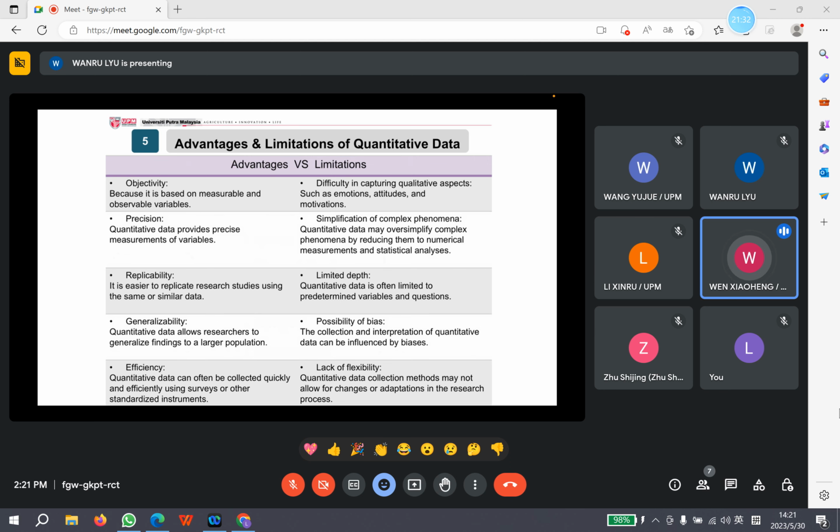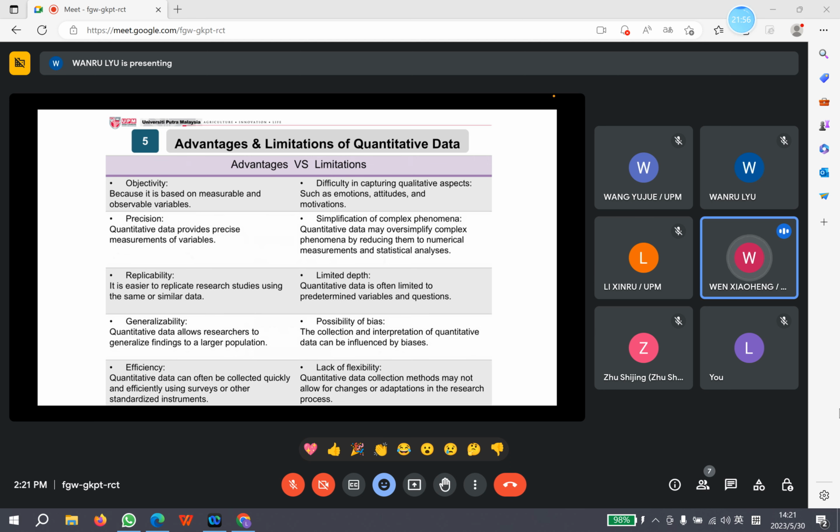And it also has some limitations, such as difficulty in capturing qualitative aspects such as emotions, attitudes, and motivations. The second limitation is the simplification of complex phenomena. And the third is limited depth.